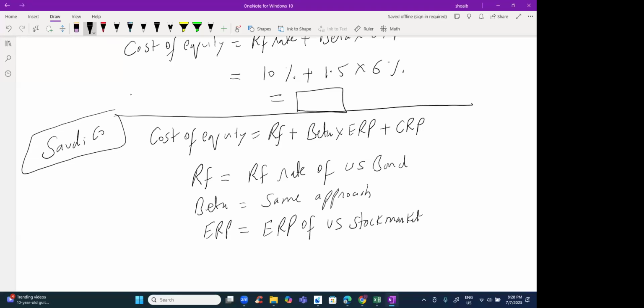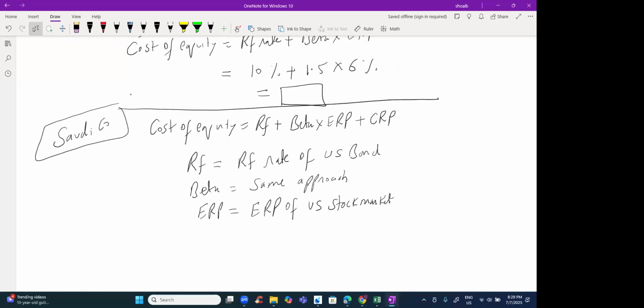So for the source, there are two very famous sources of this data. Bloomberg. And another source is a very famous professor of New York University, Professor Damodaran.